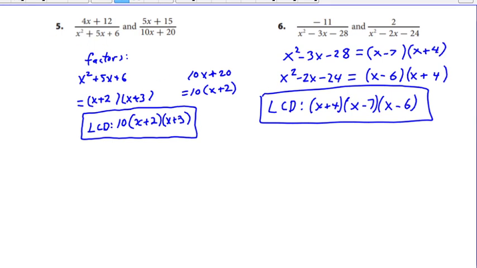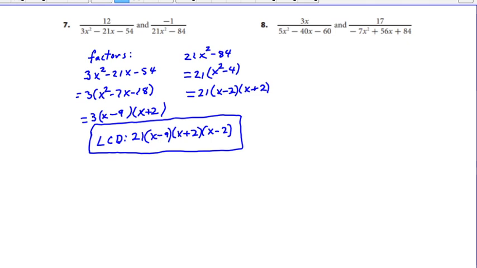Okay, next we're going to look at number 8. Again, we're looking for the least common denominator between these two denominators.